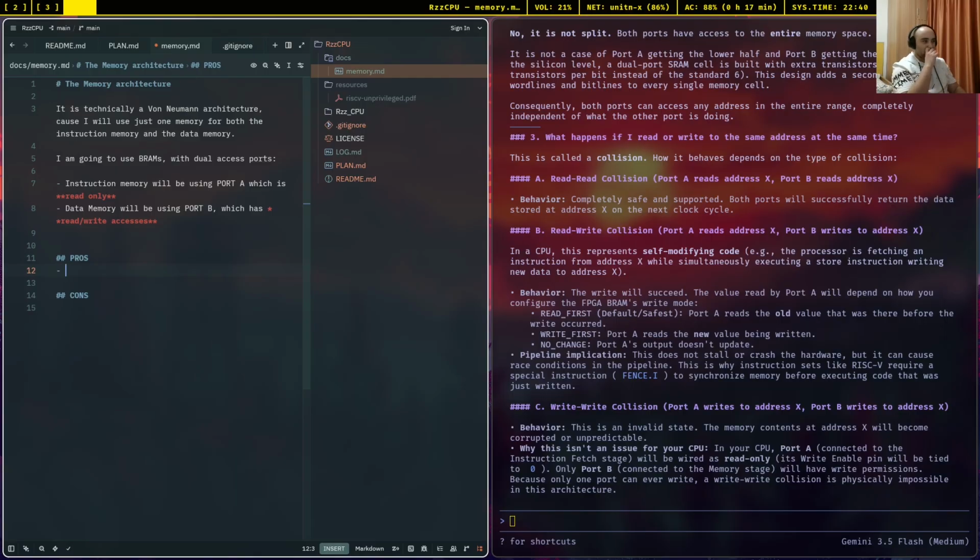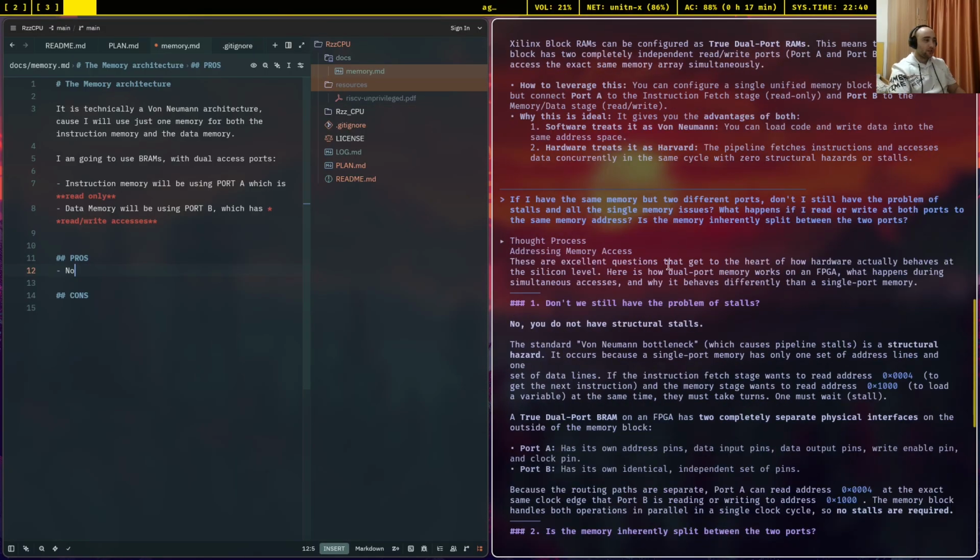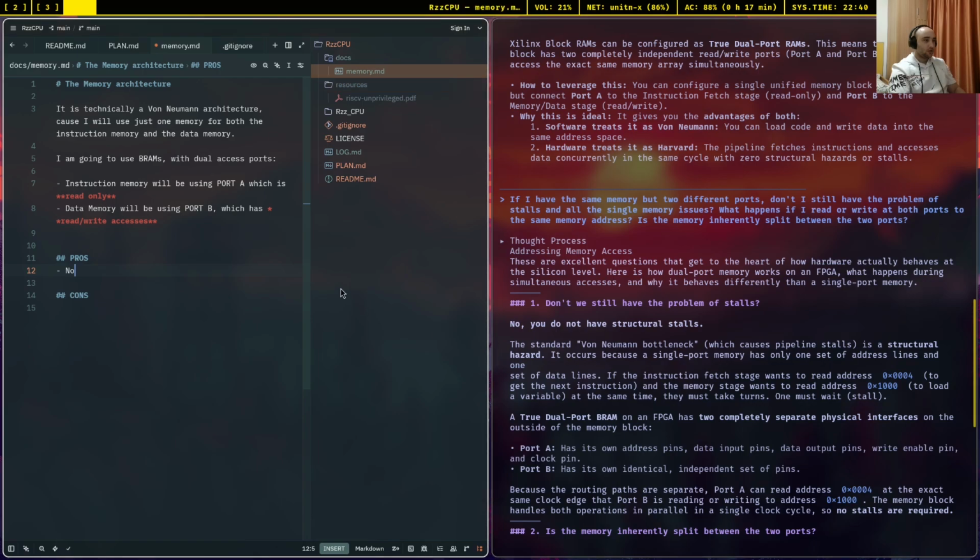So we're not gonna have... wait, we don't have structural hazards, right? Yes. No, I mean those hazards, I guess. Yes.